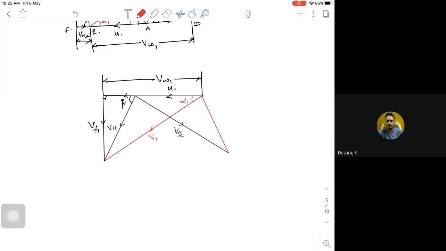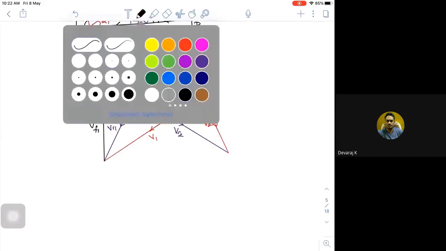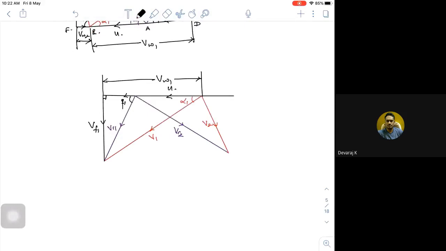Okay, I can close it, so this will be my VF2 and this is my VW2 and this is alpha 2, beta 2.